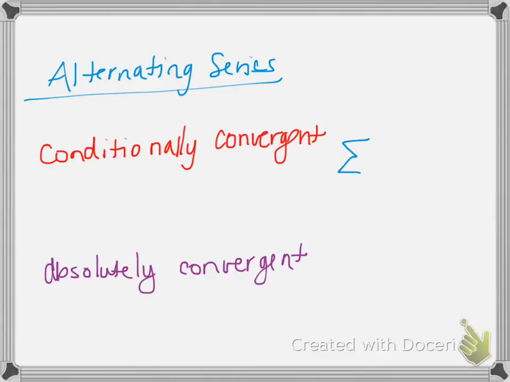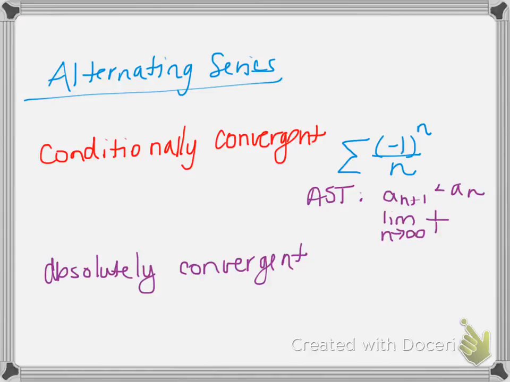This series is conditionally convergent. And the reason is because if I use the alternating series test on this particular problem, I realize that each term is less than the one before it. And I also know that the limit as n approaches infinity of 1 over n without the negatives is 0.